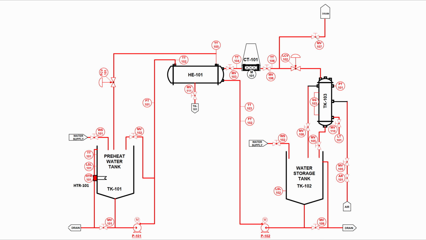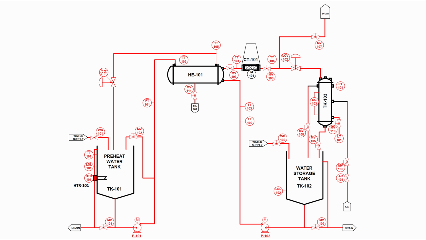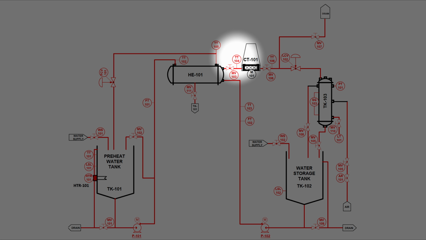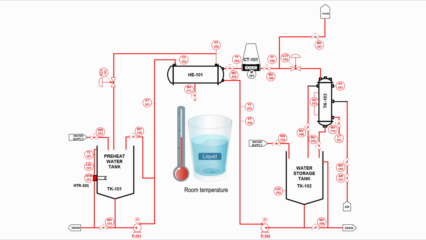Meanwhile, we have to turn on pump P102 to allow colder fluid to continuously flow through the tube side of the heat exchanger. Also, we have to observe temperature transmitter TT104 to ensure that the water temperature is about room temperature, so it's around 24, 25 or around 30 degrees Celsius, depending on the room or surrounding temperature at that time.